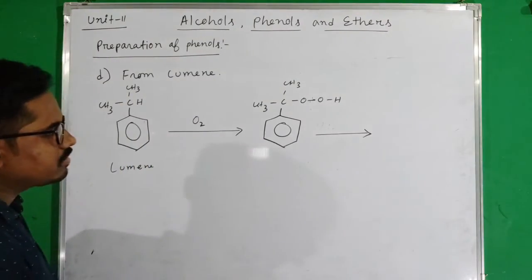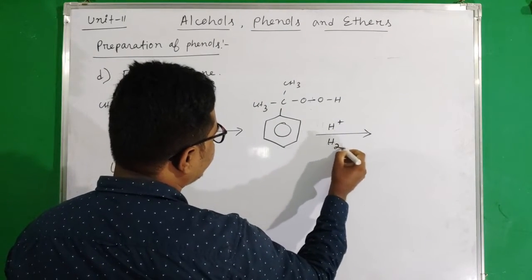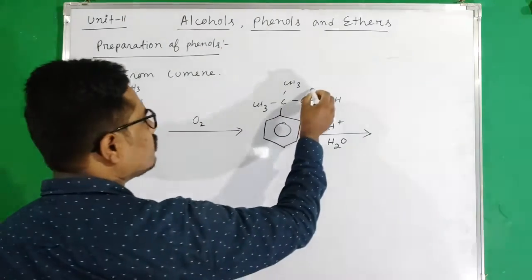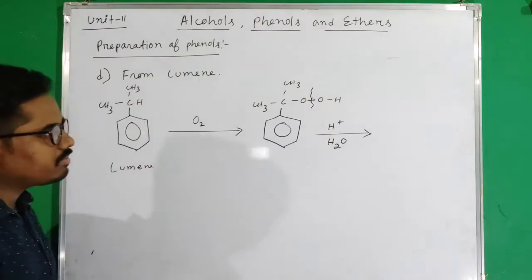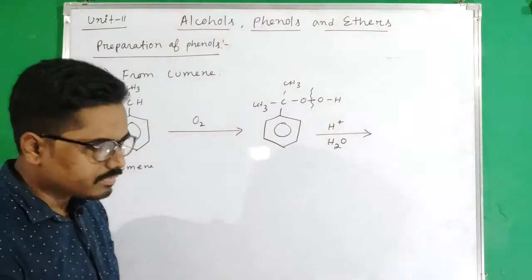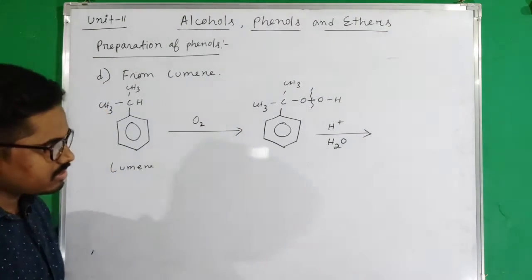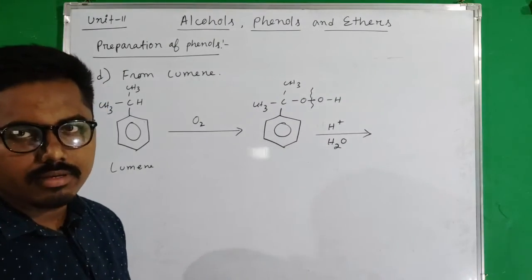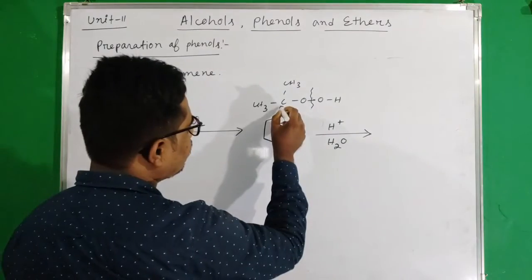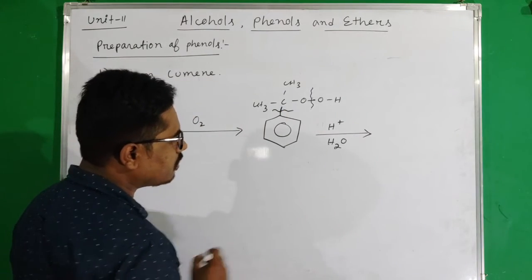Now this product is hydrolyzed with an acid, and during hydrolysis the peroxide bond will break. Peroxide bond is a very weak bond, because oxygen generally forms a double bond with another oxygen, but in this case a single bond is present. Therefore the bond will break here. Again this bond will break. You can remember it like this.